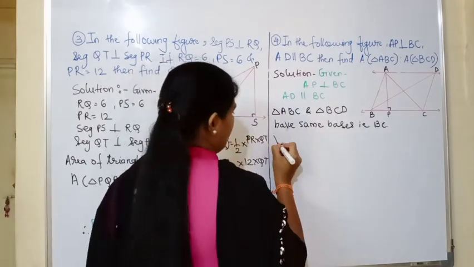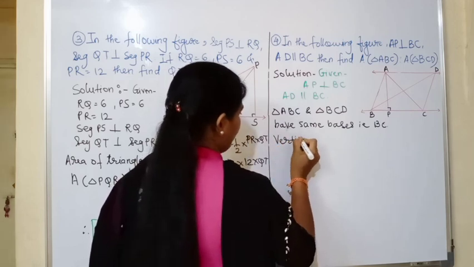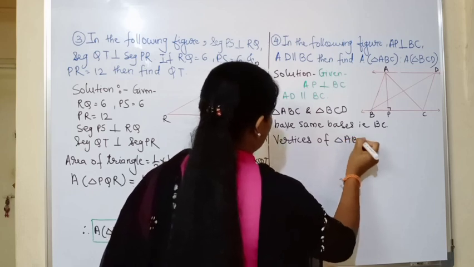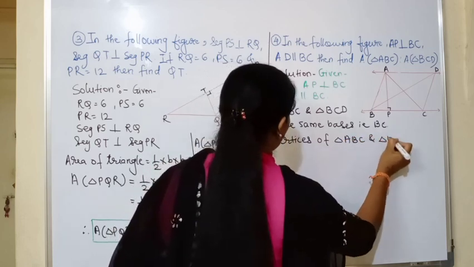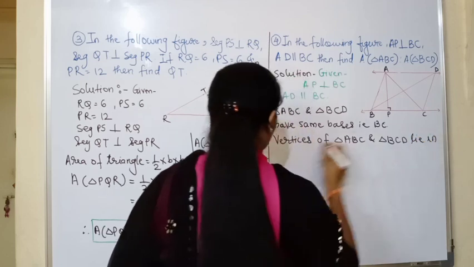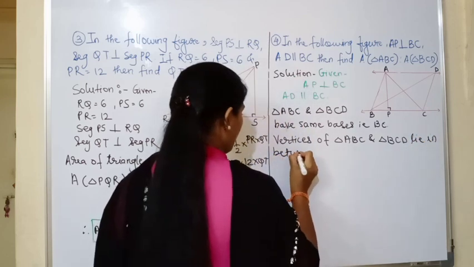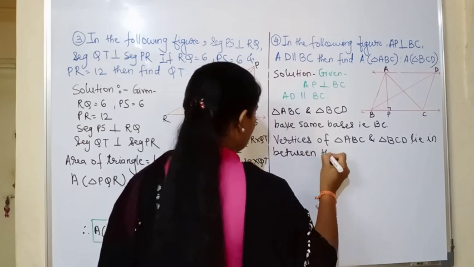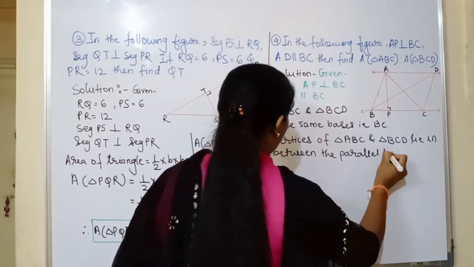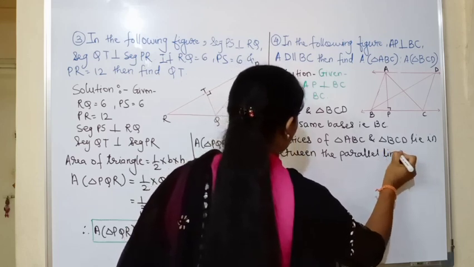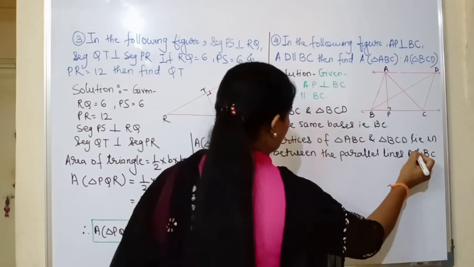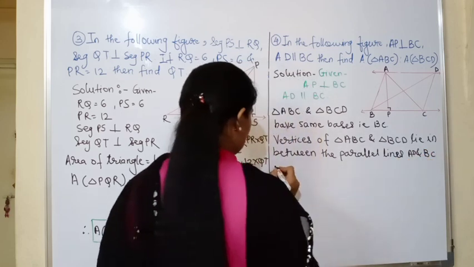Because we can see that the vertices of triangle ABC and triangle BCD lie in between the parallel lines, that is AD and BC.